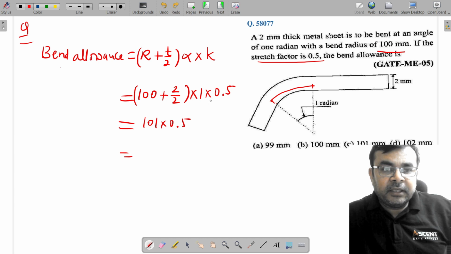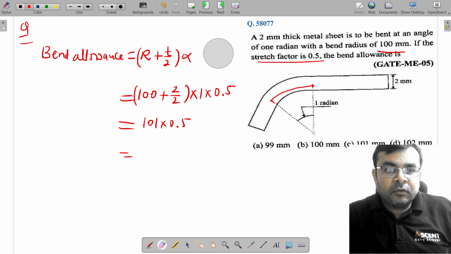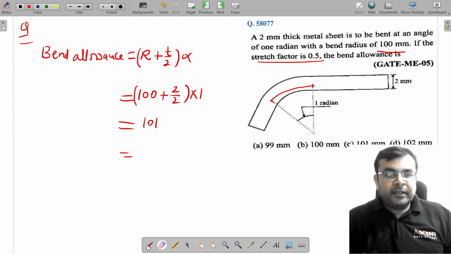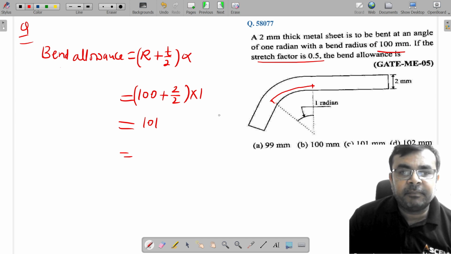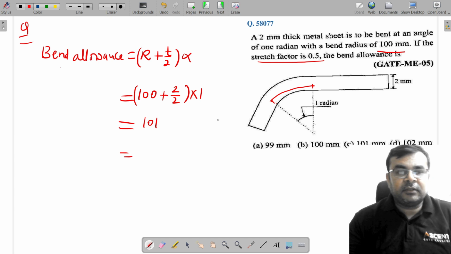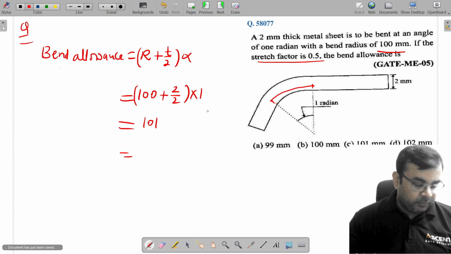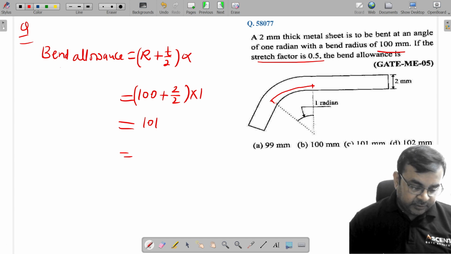If you multiply this, okay, you just leave this term. Correct. R plus, this is the bend allowance. And what about the stretch factor? Let me check.